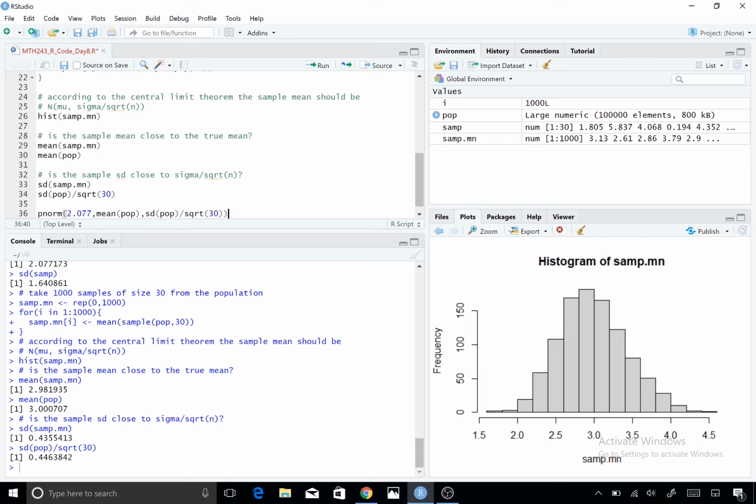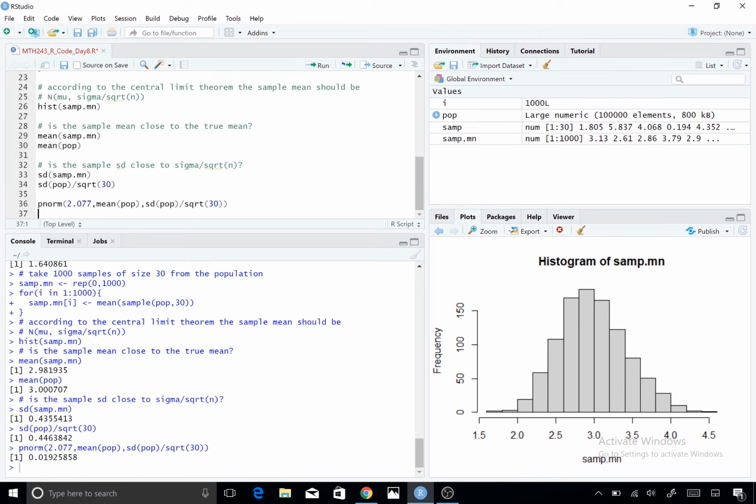That's the normal distribution that this sample mean follows. That gives me 0.019. There's about a 2% chance of drawing a sample mean of 2.077 or lower from this population.